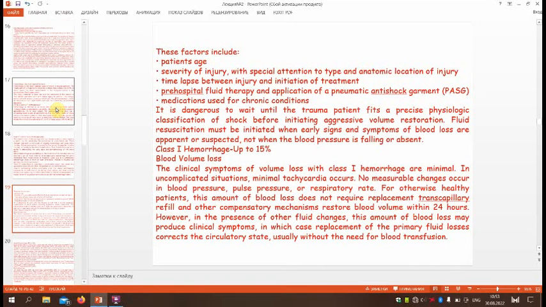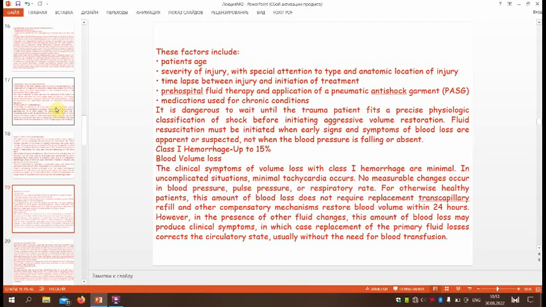These factors include patient age, severity of injury with special attention to type and anatomic location of injury, time lapse between injury and initiation of treatment, pre-hospital fluid therapy and application of a pneumatic anti-shock garment, and medications used for chronic conditions.